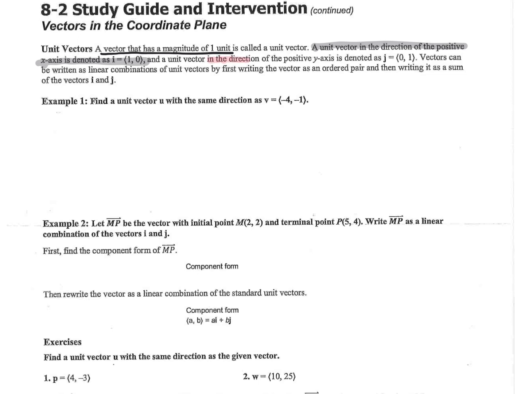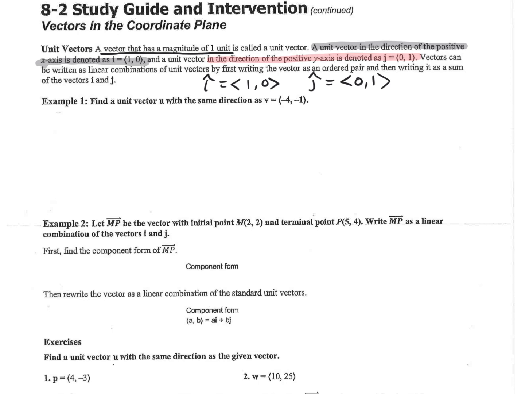In the direction of the y-axis, it's going to be 0, 1. In other words, I hat is equal to 1, 0. J hat is equal to 0, 1. And if we had a third dimension, k, it would be 0, 0, 1.